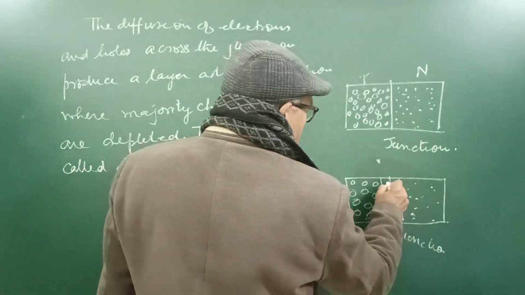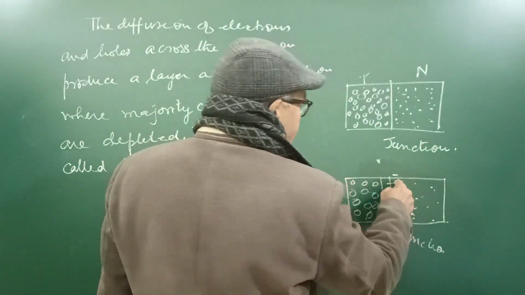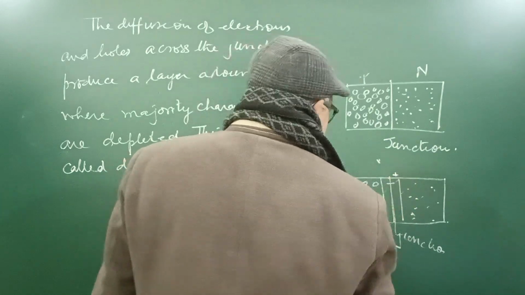So as one hole goes this way, it neutralizes an electron and produces positive charge.